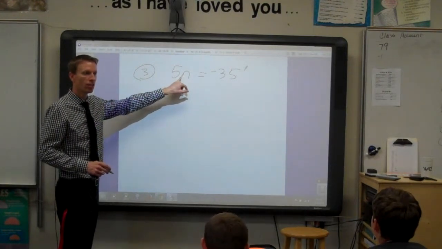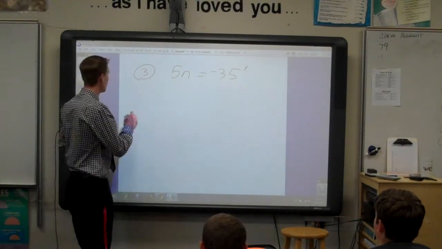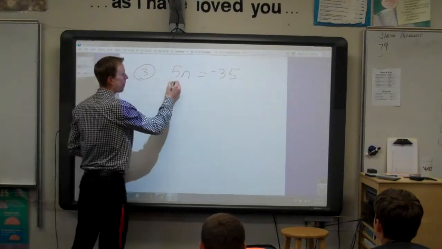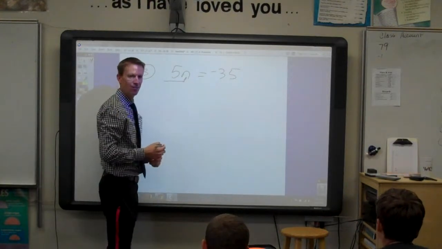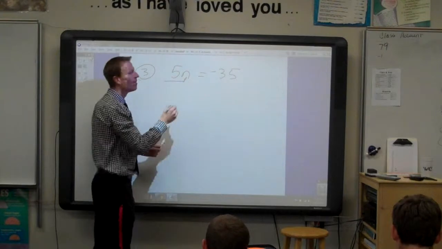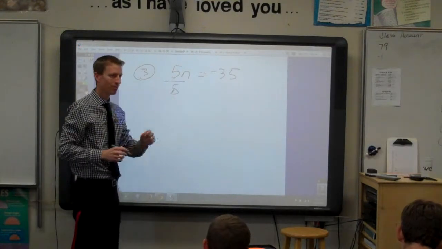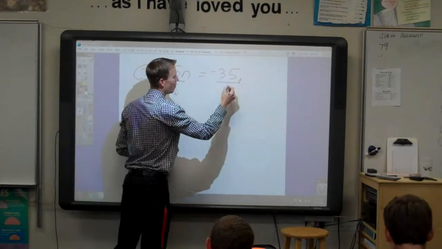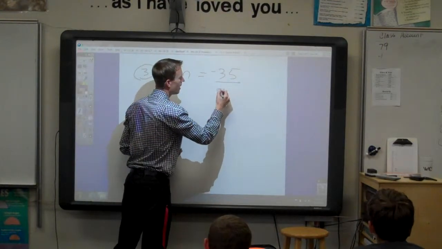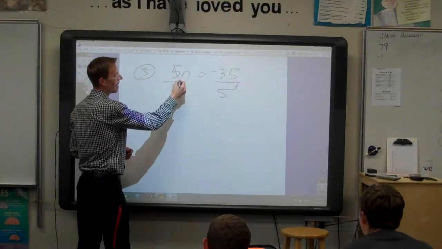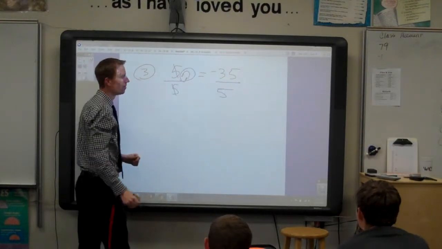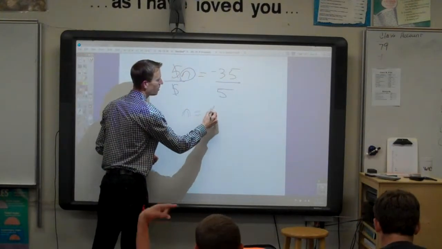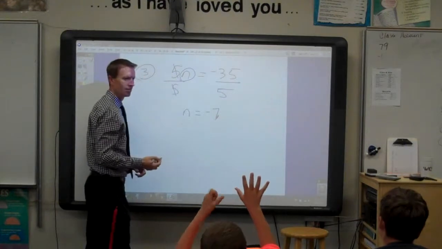So we have to divide by 5, and divide by 5 on the other side too. That gets the n by itself. n equals negative 7.